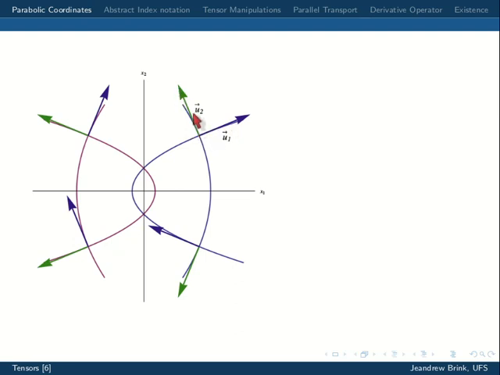So those orthonormal vectors that are associated with the metric in the parabolic coordinates are these two. I called them V, I think, in the previous lecture. Here they are U. Just one more thing. The coordinate basis for the parabolic coordinates is d/dxc1 and d/dxc2.